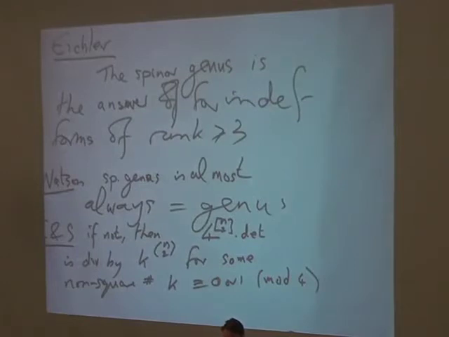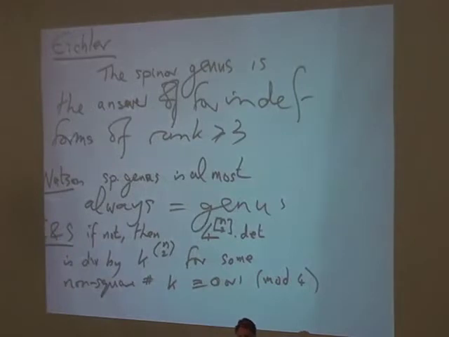What happens if the spinor genus isn't the same as the genus? If you're in the bad case that you don't understand, then the determinant has to be divisible by a number which is 125 or 128 or rather bigger. In fact, this isn't a necessary and sufficient condition, but it damn nearly is. If the determinant satisfies this condition, then there's a small multiple of it for which there is a form.